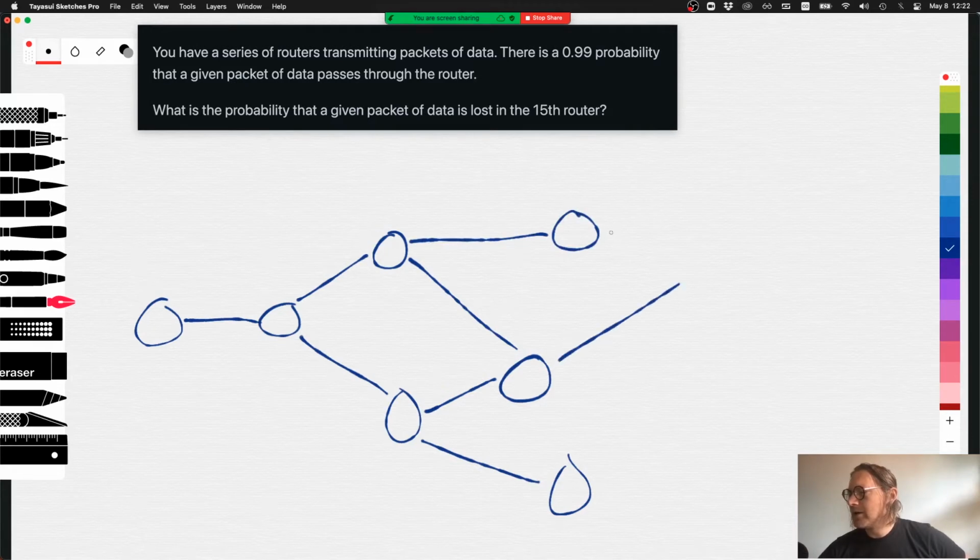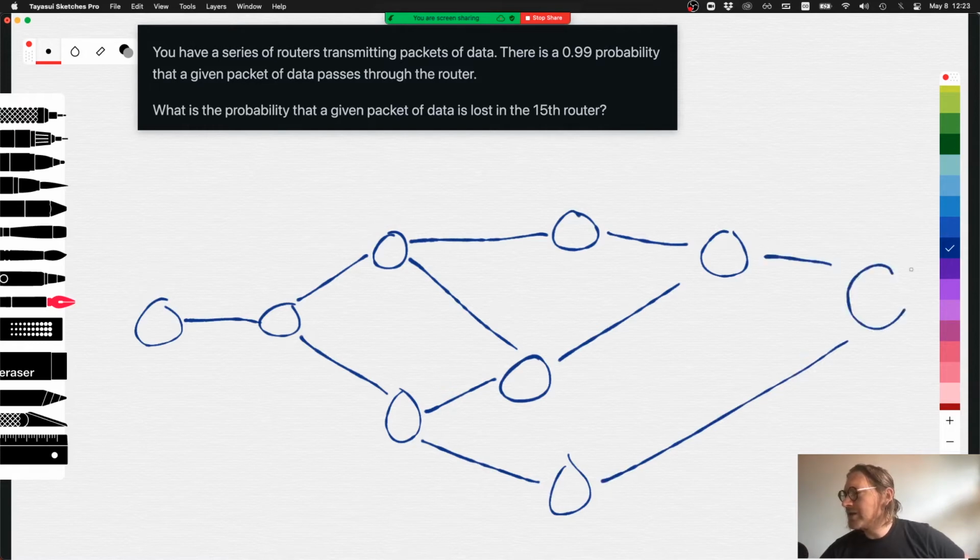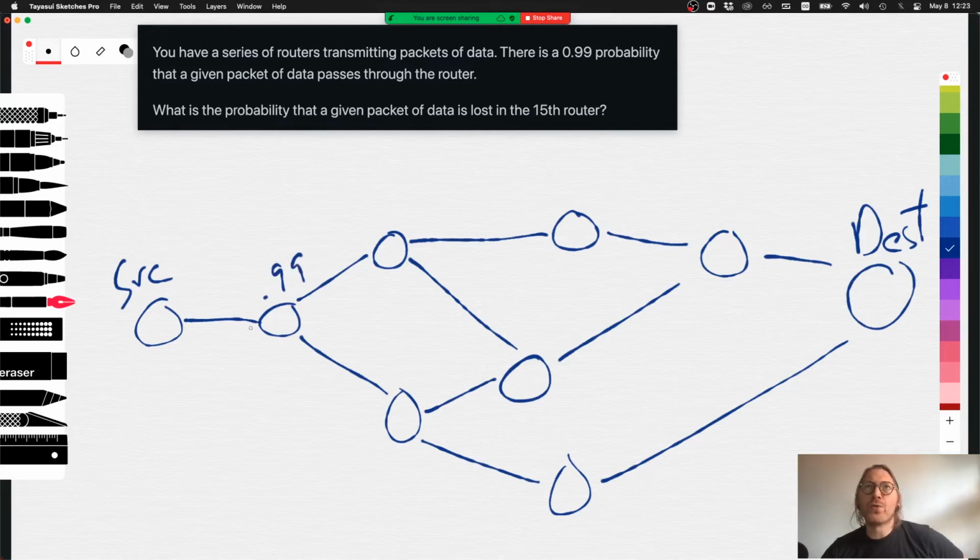We're not going to necessarily calculate these things, but at the end of the day, these are going to lead to the same destination. So here's our source, here's our destination, and for every one of these, when the packet hits this router, there's a 0.99 probability that it will pass through.